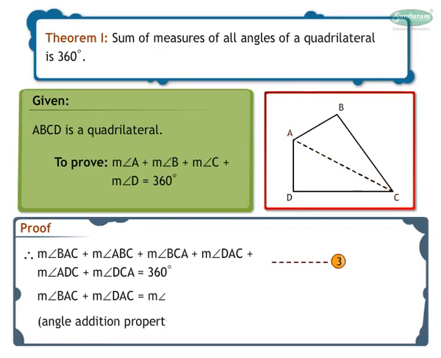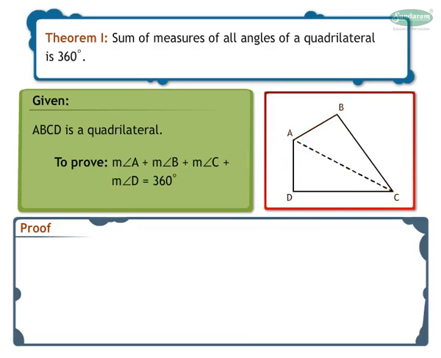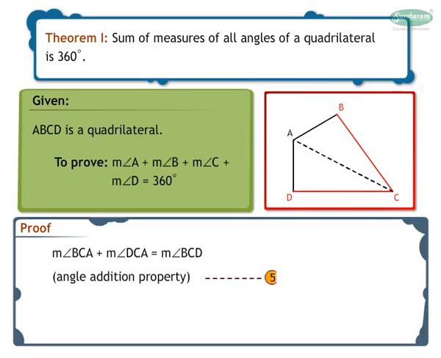But by angle addition property, measure of angle BAC plus measure of angle DAC is equal to measure of angle BAD. Let us mark this as statement 4. And by angle addition property, measure of angle BCA plus measure of angle DCA is equal to measure of angle BCD. Let us mark this as statement 5.